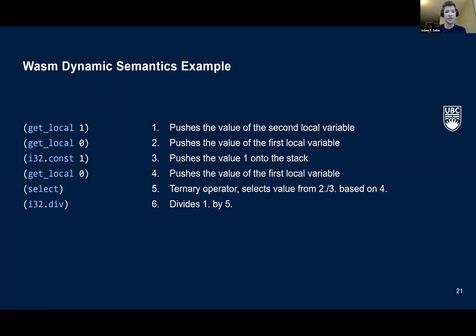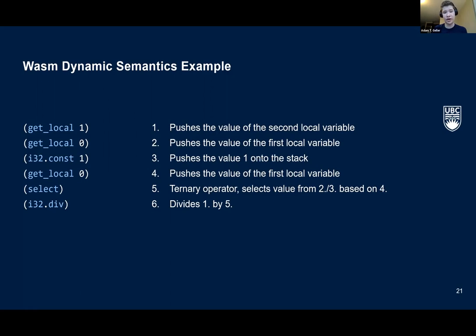So what this first instruction will do is push the value of the second local variable onto the stack. The second instruction will push the value of the first local variable. We index into the list of local variables using the statically provided offset. So get_local 1 will get the local variable at index 1, which is the second local variable.